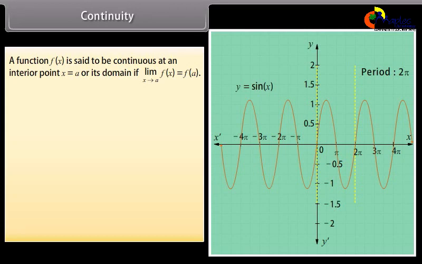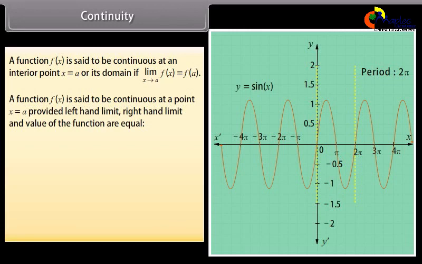In other words, a function f(x) is said to be continuous at a point x = a, provided left-hand limit, right-hand limit and the value of function are equal. Limit h approaches 0 of f(a − h) is equal to limit h approaches 0 of f(a + h) is equal to f(a).